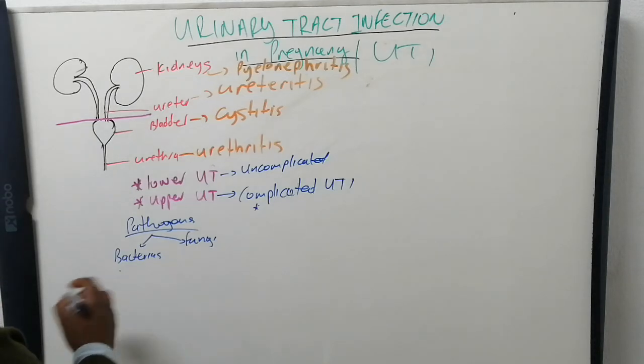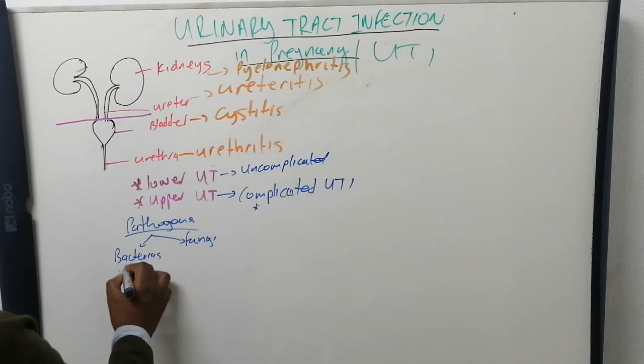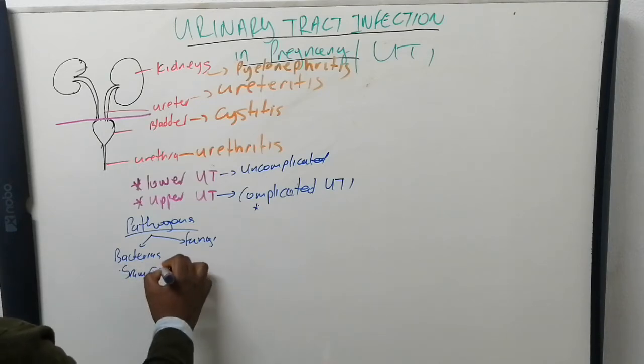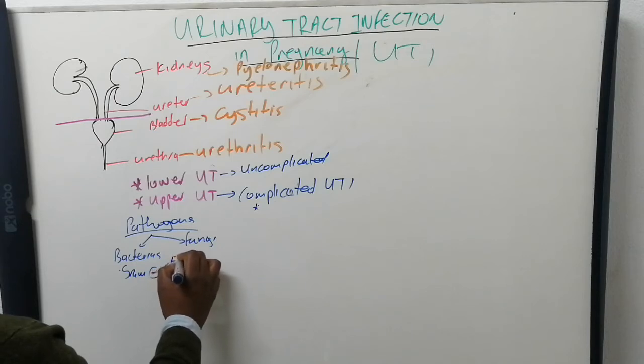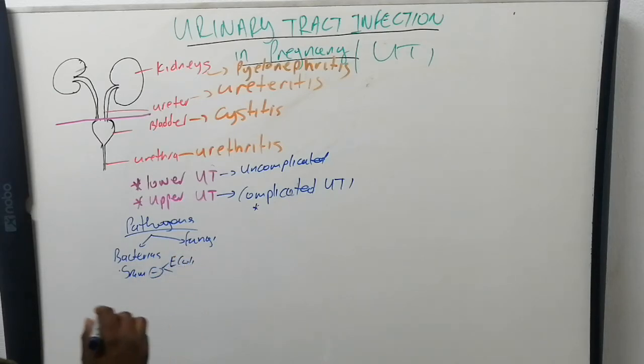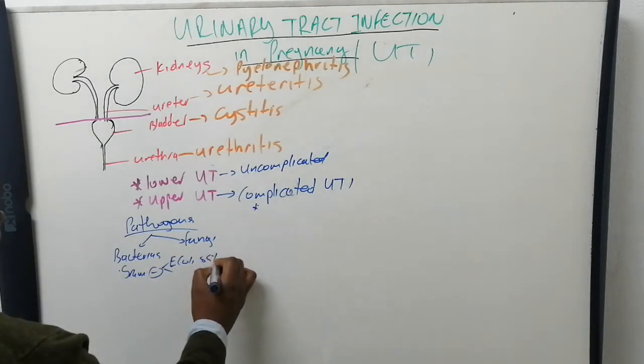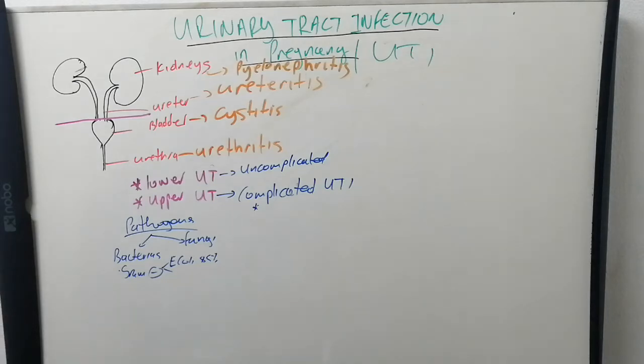The most common bacteria are your gram-negative bacteria, like your E. coli. E. coli is responsible for about 85% of UTIs in general.